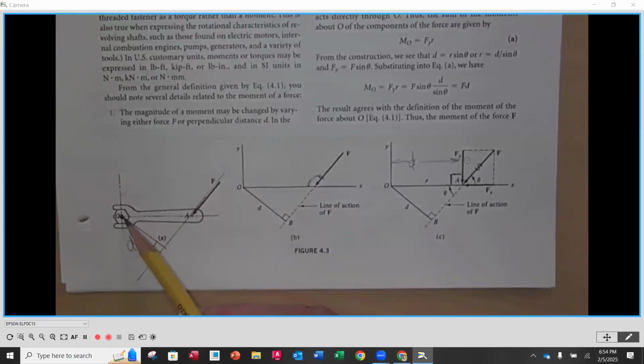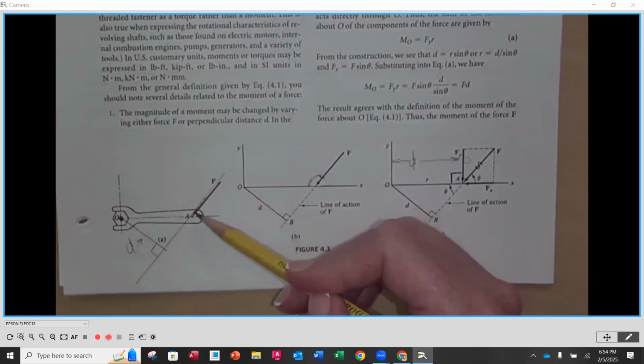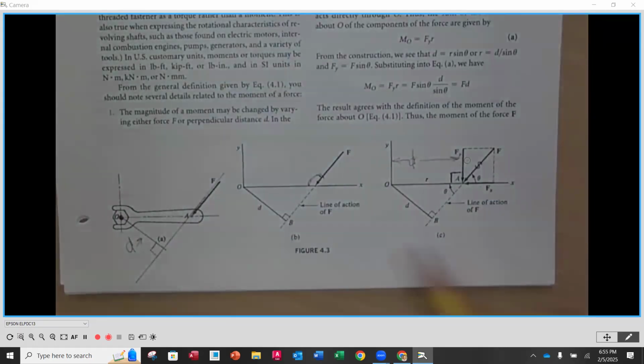The center of rotation is going to be the center of the fastener, in this case, that we're trying to tighten. Now, to calculate the moment, we take the magnitude of the force. We would have to know how many pounds, how many newtons that might be.